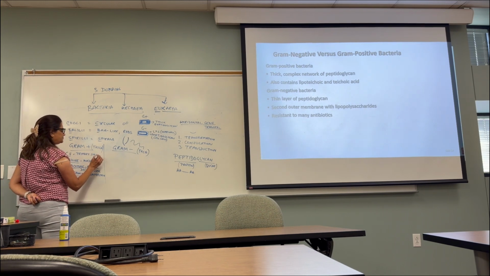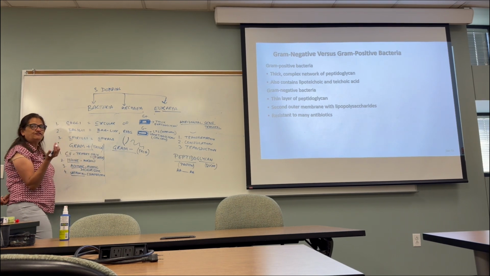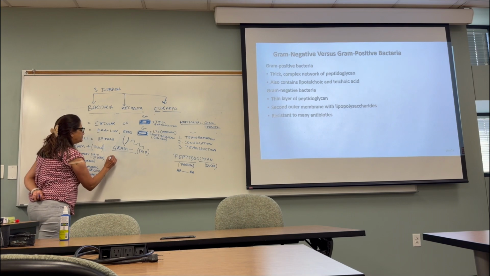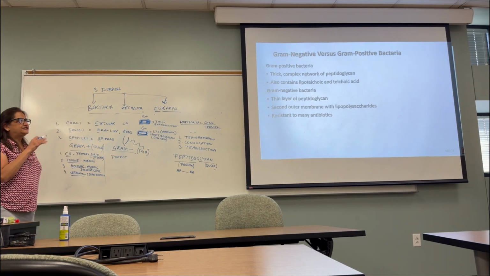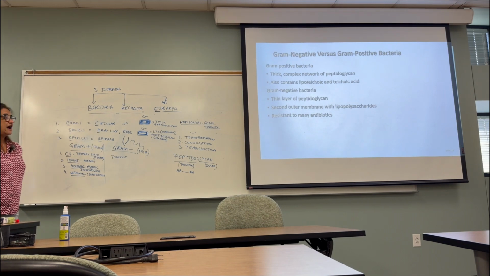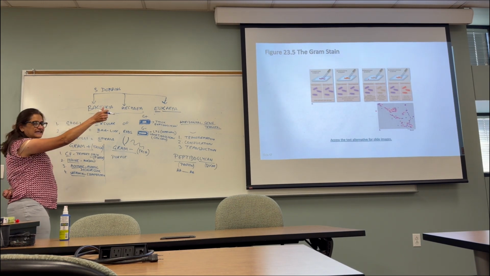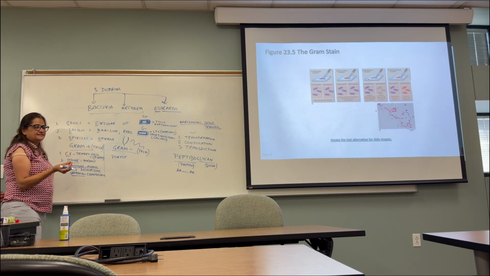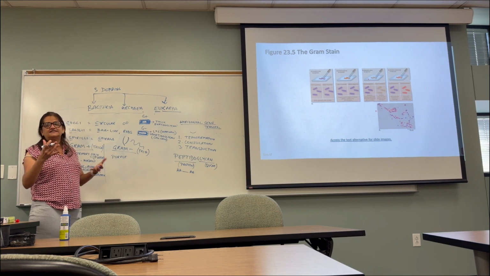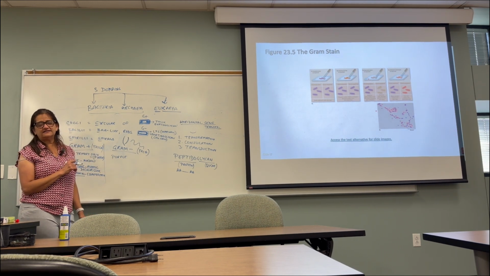Both of them will look purple or violet, because that's how the crystal violet color is. But when you stain with the iodine, which is the second picture you see, iodine acts as a mordant and it fixes the crystal violet stain inside the peptidoglycan cell wall.